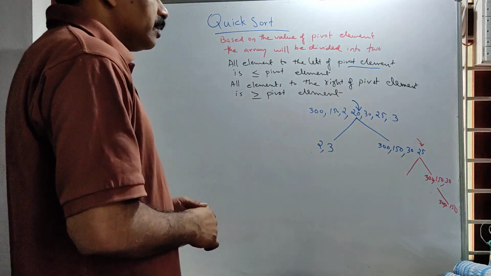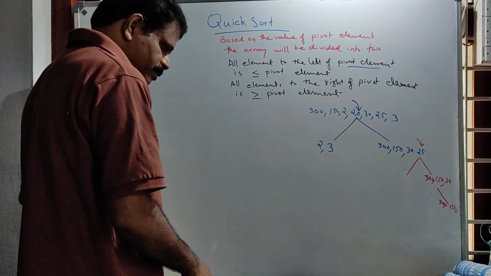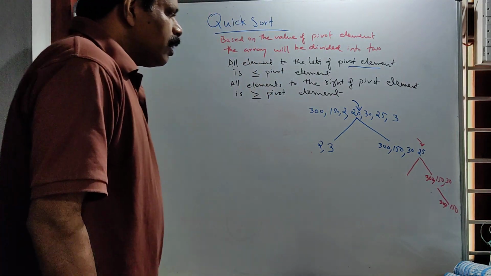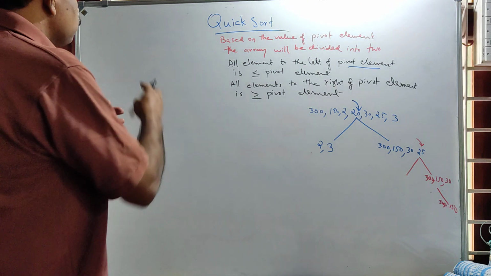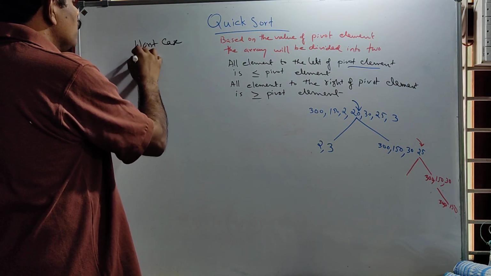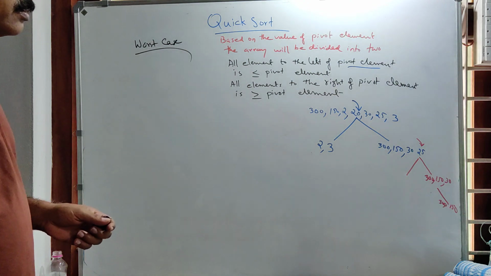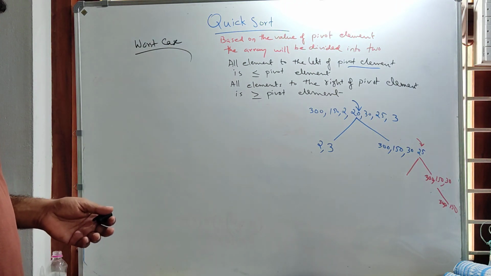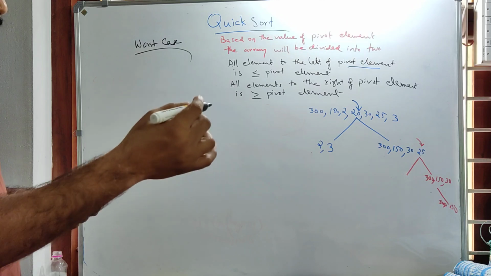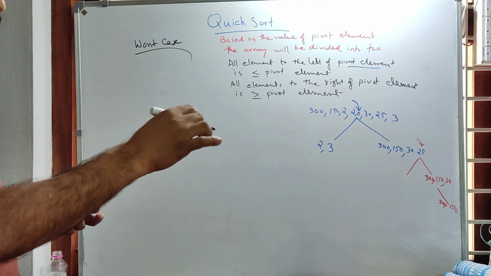So in the worst case, the remaining elements will be gathered on the right subtree if we pick the smallest number as the pivot element.